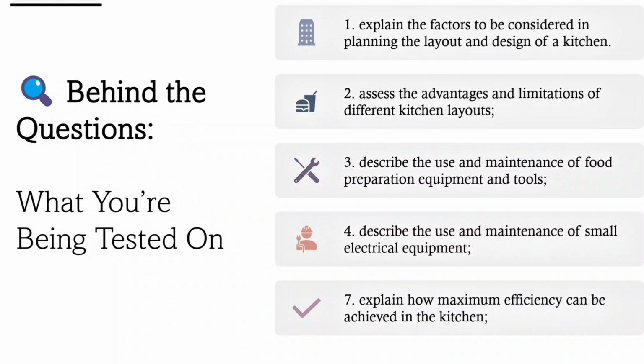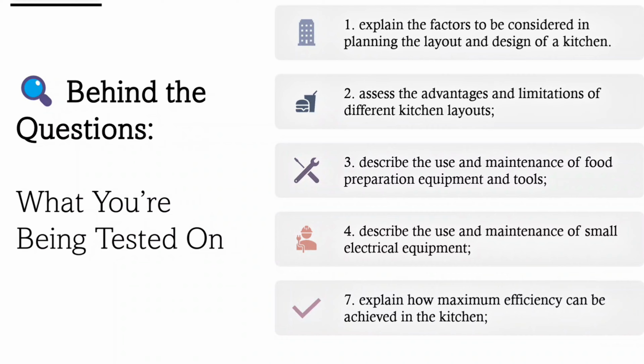Because as you can see, they asked you about the microwave. Describe the use and maintenance of small equipment. It may not be a microwave, it may be a food processor or a food mixer, or it may be larger equipment. And 7, this is the 7th objective that is linked to your question based on your syllabus. Explain how maximum efficiency can be achieved in the kitchen.